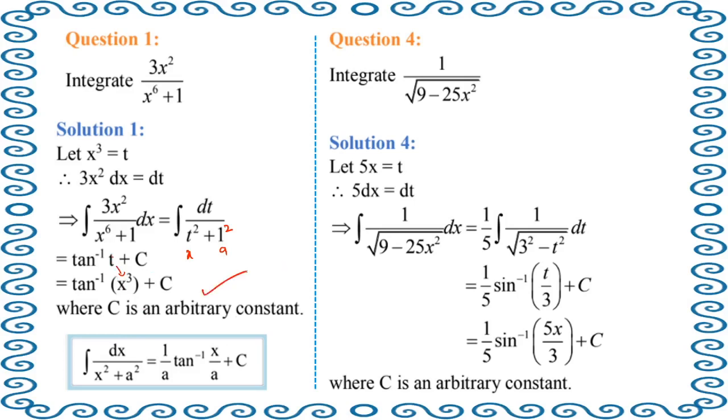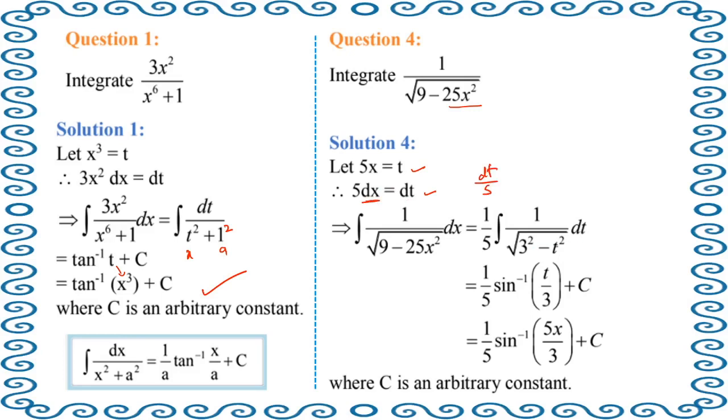This is the answer. Next, integrate 1 upon under root 9 minus 25x square. We are assuming 5x as t. So 5 dx equal to dt. This 9 we can write as 3 square, and 25x square we can write as t square, because we assumed 5x as t. And what is the value of dx? Dx is equal to dt by 5.